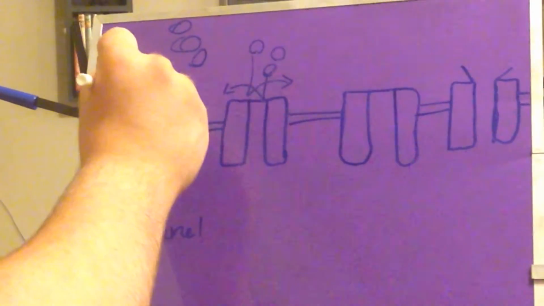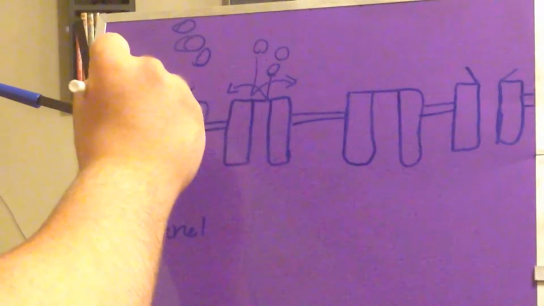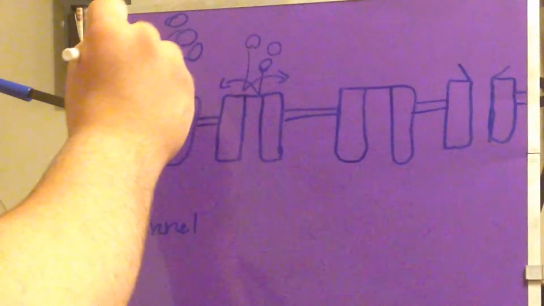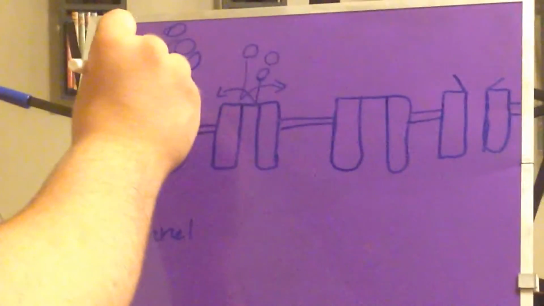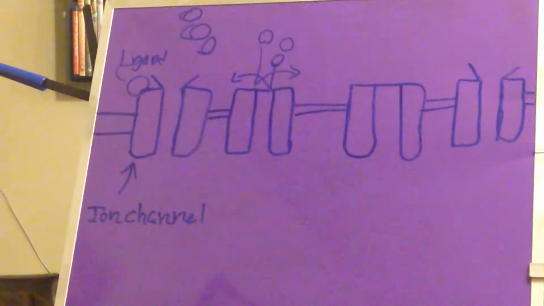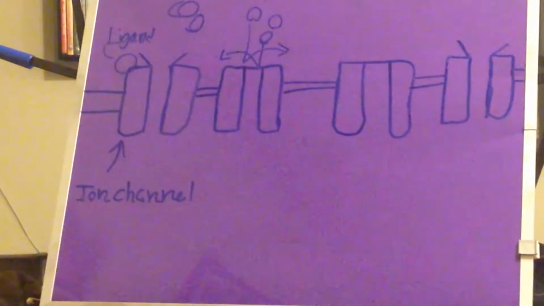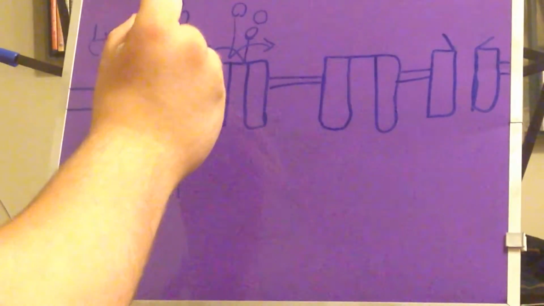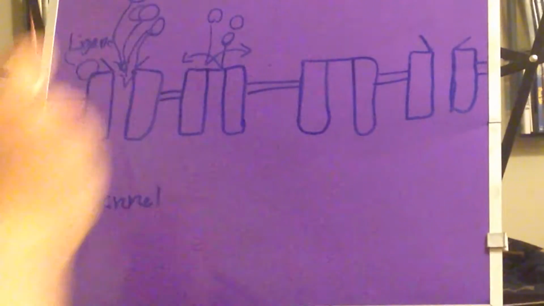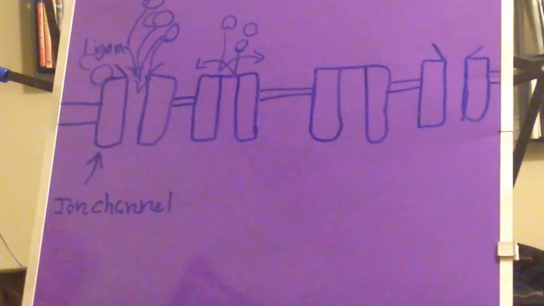And then this one, what you have is a ligand connected to it. And that's like its own button, or its sign to open up, and these sodium molecules can travel inside the cell when needed.